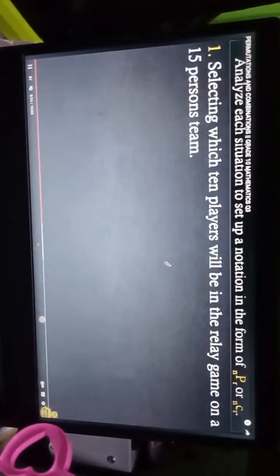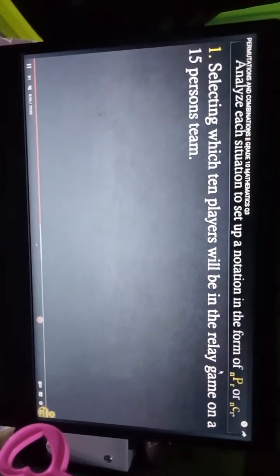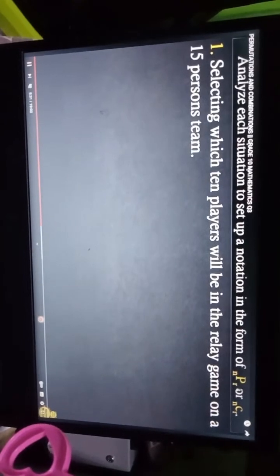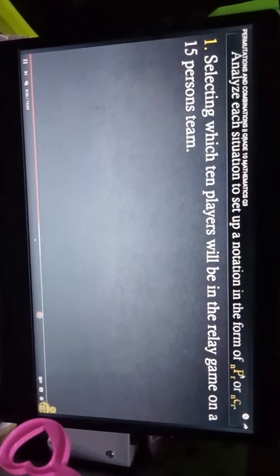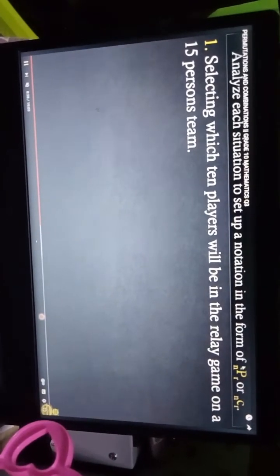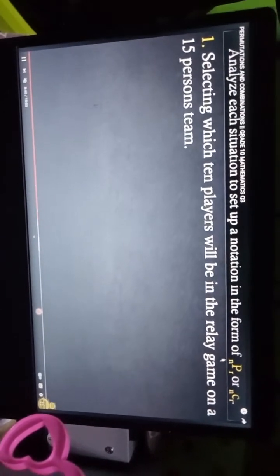And in the calculator also, we have, you can see this one, nPr or nCr. Say for example, you have a scientific calculator. First, locate where the nPr and the nCr are on the keypad.